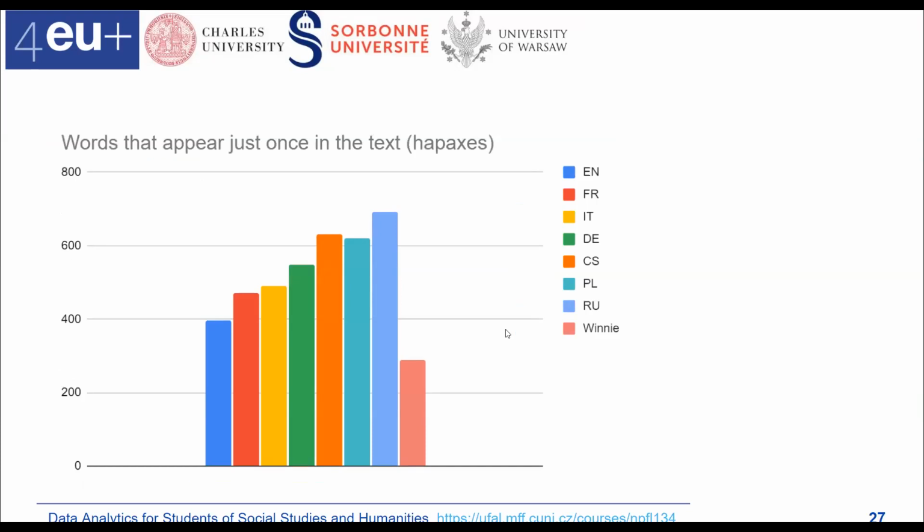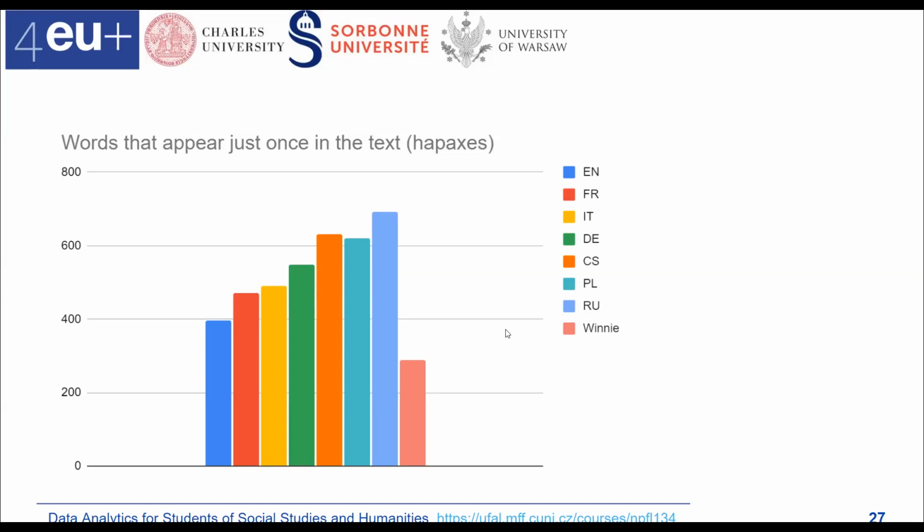Okay, the next slide shows so-called hapaxes. So it shows the words that are used just once in the text. And you can see, and this is quite understandable, that Winnie the Pooh is the one that has fewer hapaxes. It means it uses the same words in order to make it more readable for the children.